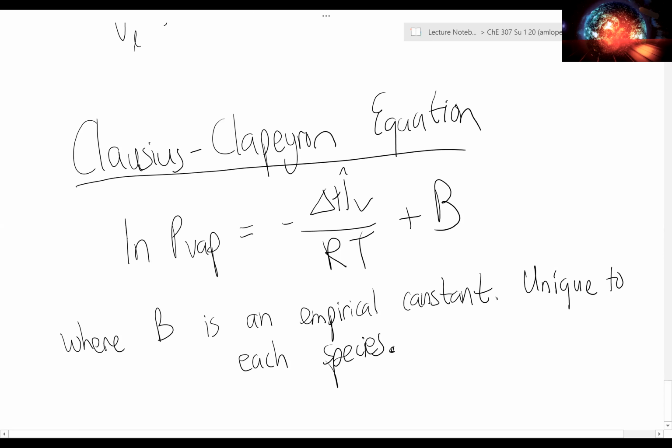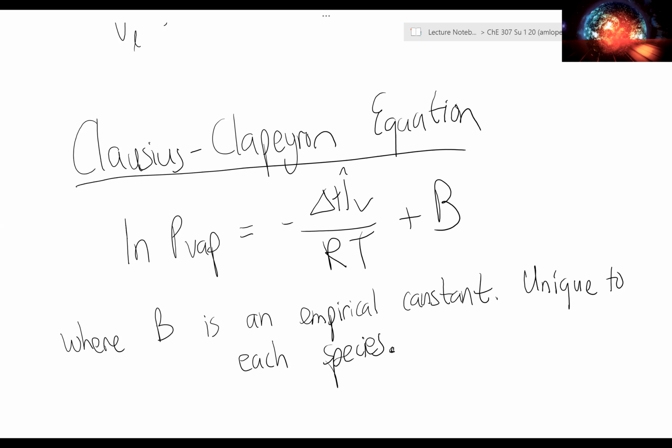A lot of times it's determined via experiment, and so I don't think this book has those values published in it, primarily because there's another method that we use more often, which the book has those constants published on.